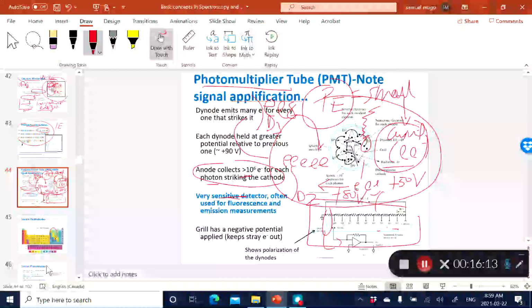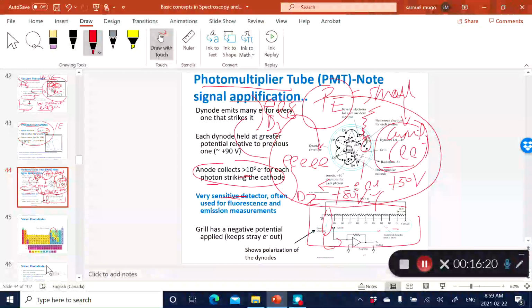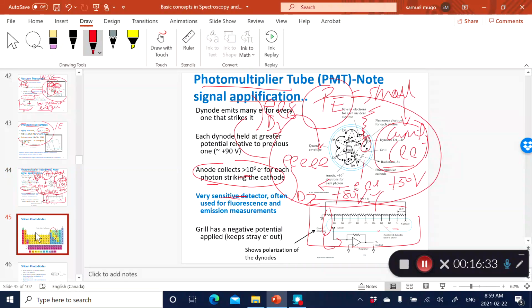But in the case of positive ions, you apply a negative voltage, and that way you are able to electrostatically pull those charged particles in the direction that you want them to go. Hopefully that's very clear, the PMT. I'd like you to understand how it works and so forth.